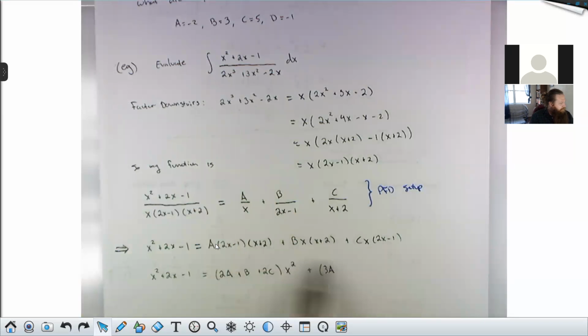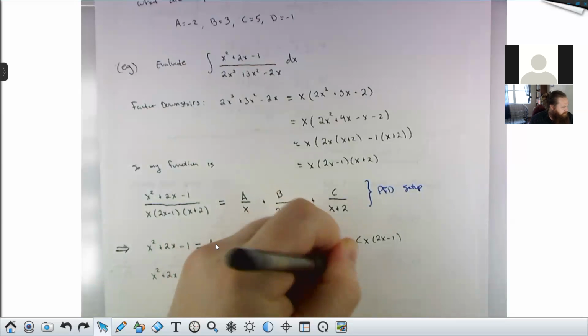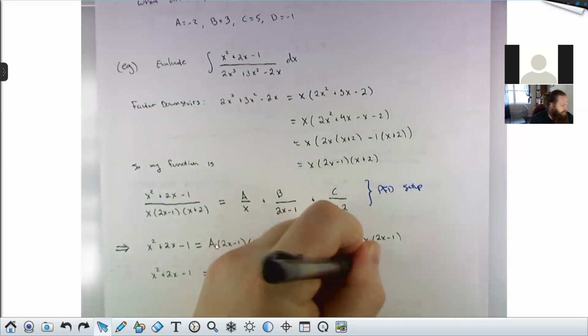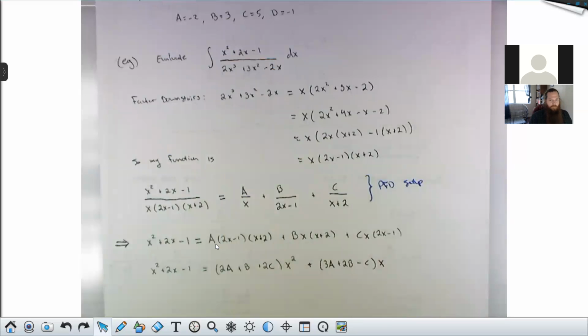From this term, I would have a 2bx, so it's going to be plus 2b. And from this term, I would have a minus cx, so it's going to be a minus c times x. Alright, now I've got the first two terms, I just need the constants. When we multiply this piece out, the constant term would be negative 2, so it's going to be a minus 2a.